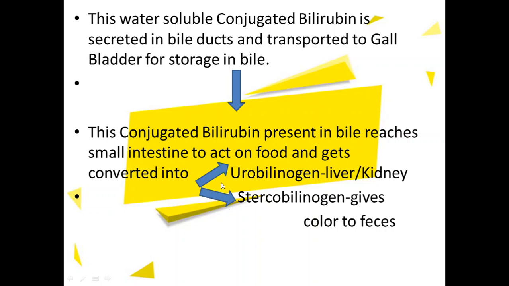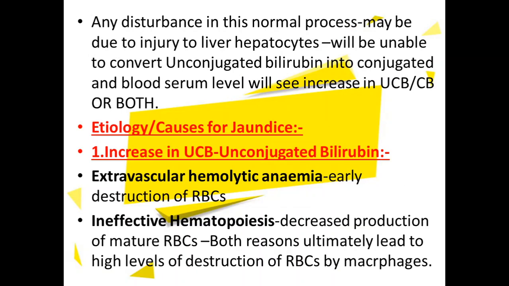This conversion of conjugated bilirubin in intestine is taking place with the help of microbial flora. Okay. Now this was the normal metabolism, how it formed and how it was transported in different body parts. Now any disturbance in this normal process may lead to jaundice.